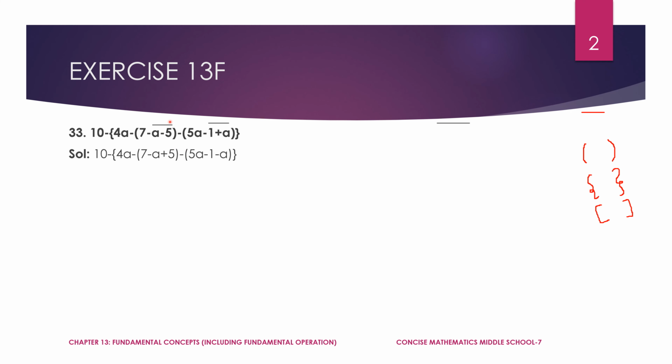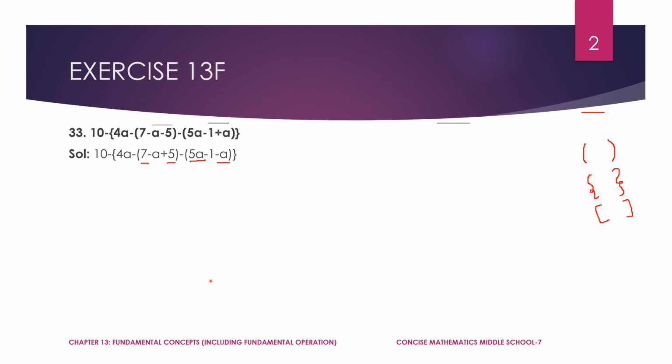Now our next step is to remove this braces, small parenthesis. So that means we have to solve, add or subtract whatever it is, inside. See here you can find two constants, 7 plus 5, right? So in this braces you can solve this, and even in this braces plus 5a minus a, right?